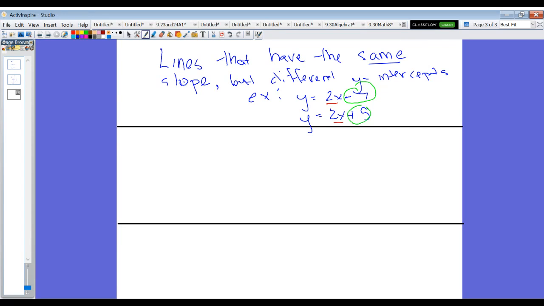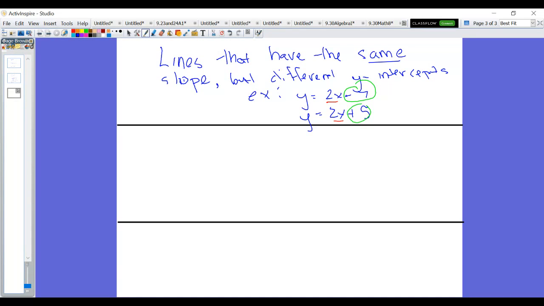Perpendicular slopes, again, something that hopefully you noticed in that activity we ended class with. We're going to define as lines whose slopes are negative reciprocals of each other.